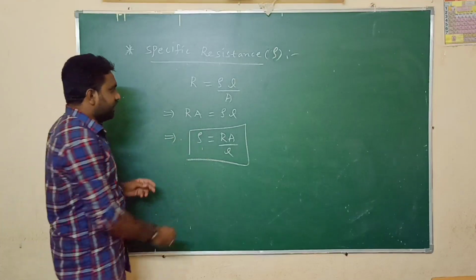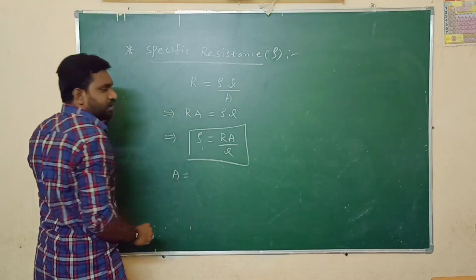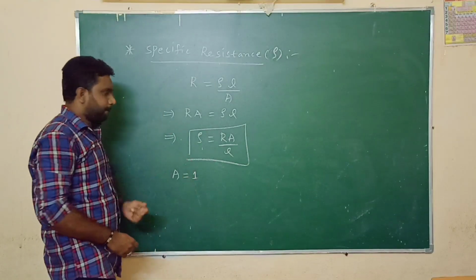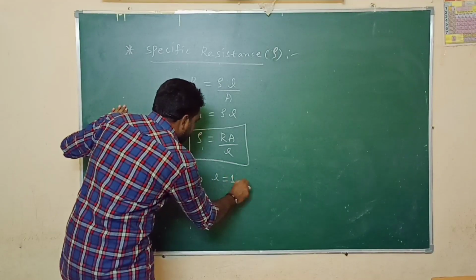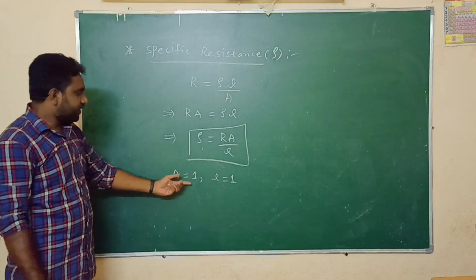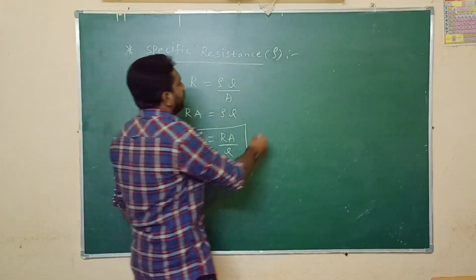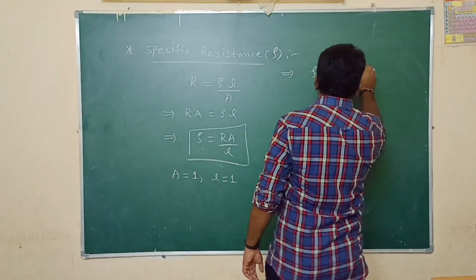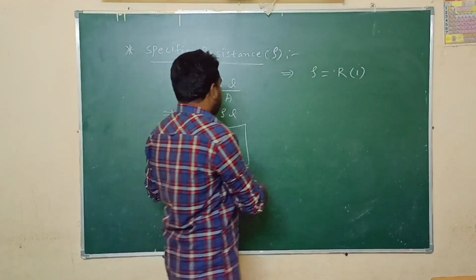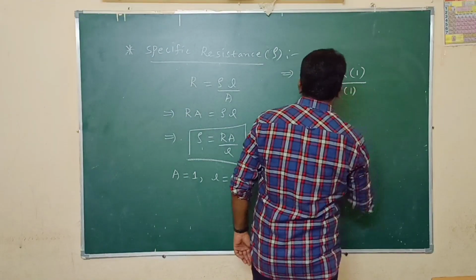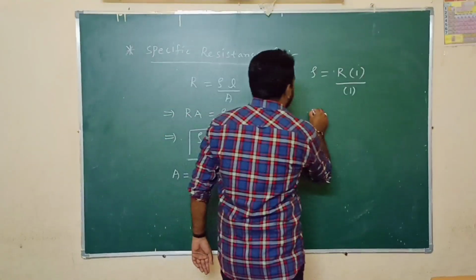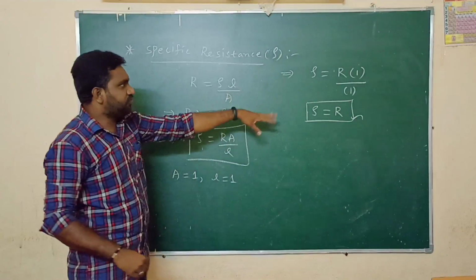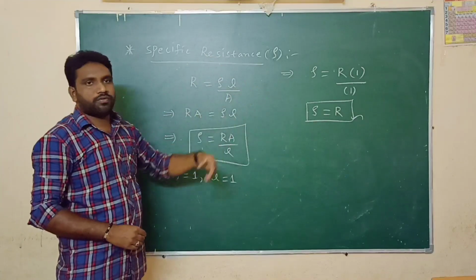Assume the cross-sectional area of the conductor is 1 unit and the length of the conductor is also 1 unit. Substituting these values, rho equals R into 1 by 1, so rho equals R.